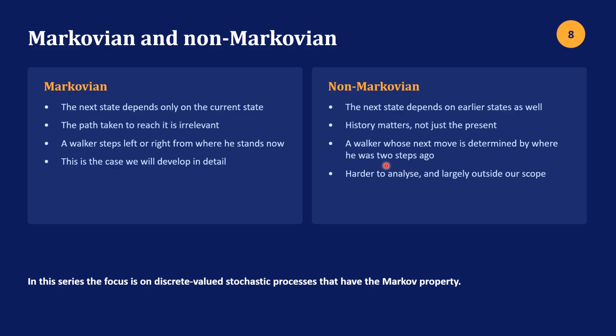These are harder to analyze and largely outside the scope of what we're going to cover here. A good example might be the stock market, where you have to look back more than just the current day to get even an idea of where things may be going. So that would be a non-Markovian process.